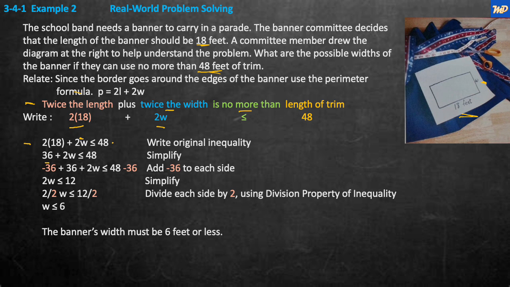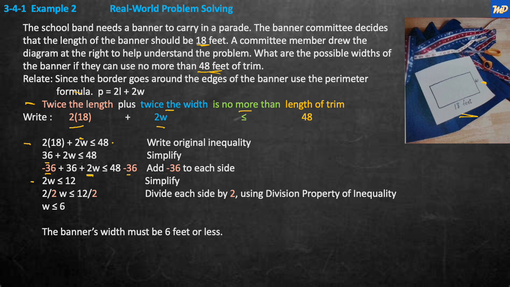We have to subtract 36 from both sides because we have to get the W alone by itself on one side and the constants on the other. So we're going to subtract 36 right here, 36 being subtracted from each side. And that when we simplify that, we get 2W. That's our 2W right here. 2W is less than or equal to 12. 48 minus 36 is 12.